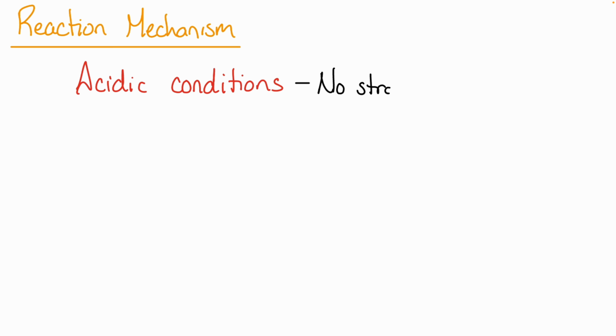So if our reaction mechanisms take place under acidic conditions, that means we have a lot of acid present, which means that we shouldn't have any strong bases present. Strong bases would not be able to survive under acidic conditions.